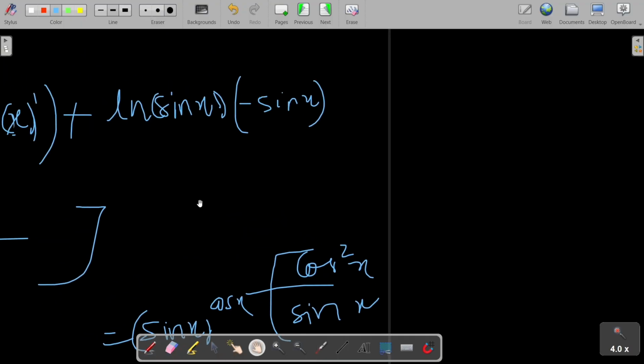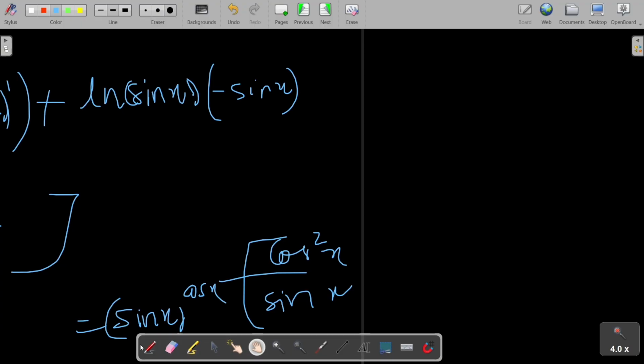So negative times positive is negative. Opposite signs give negative, and same signs give positive. So this is minus sin x times ln of sin x.